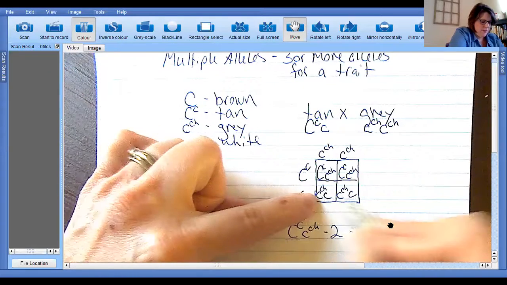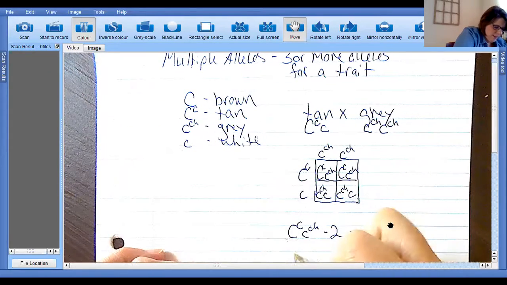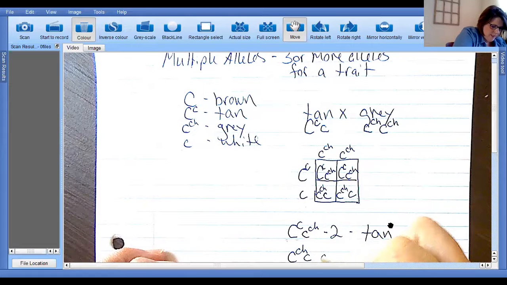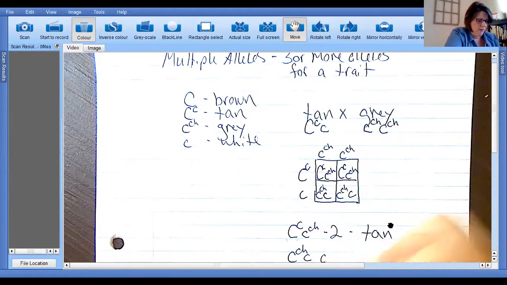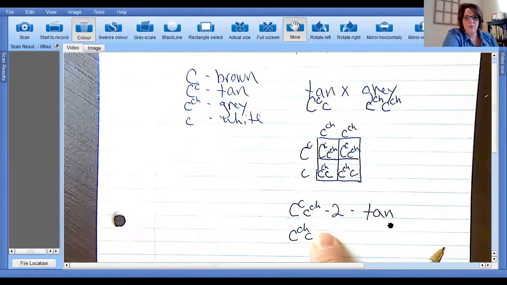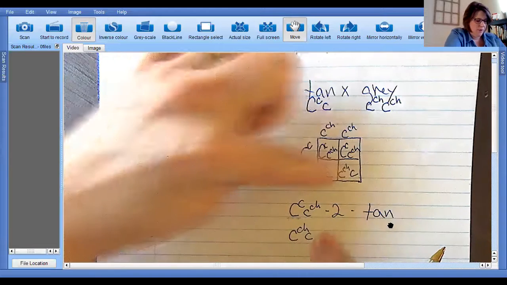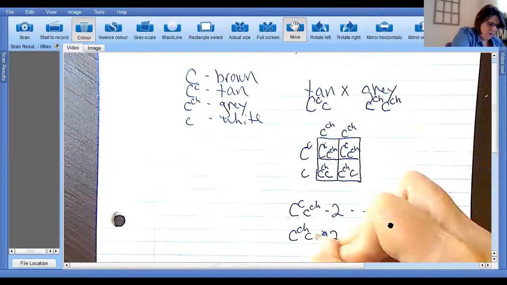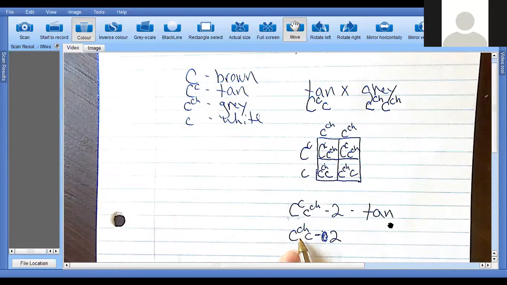Okay, and then these two are the same. So we have C, CH, C, and oops, no, I wrote that again. And there's two of those that are exactly the same. So we have two of those. Again, this trait right here is dominant to this trait.